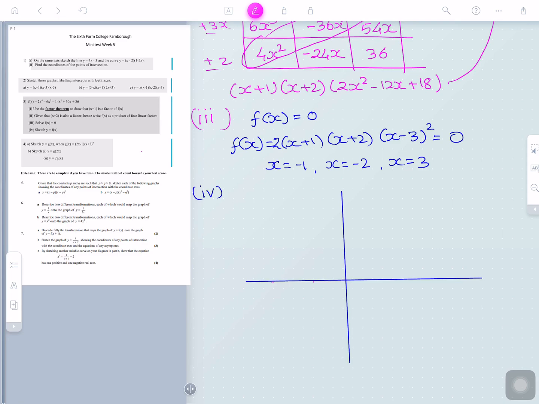So the graph's going to go from here, minus 2, 36, and then going down to 3, and there's a repeated root at 3, so it goes back up. So that's 3, minus 1, minus 2, and that's 36. Okay, that's your graph. That's part 4. So that completes question 3.